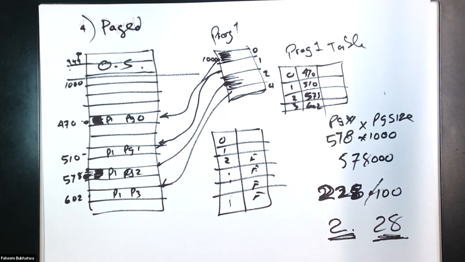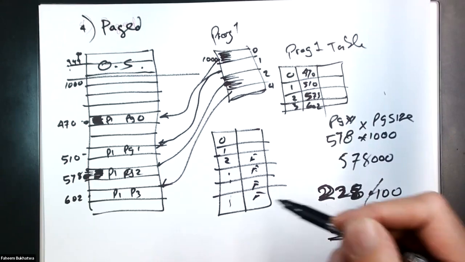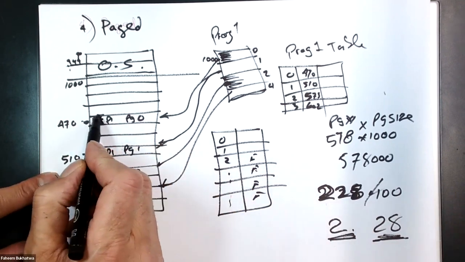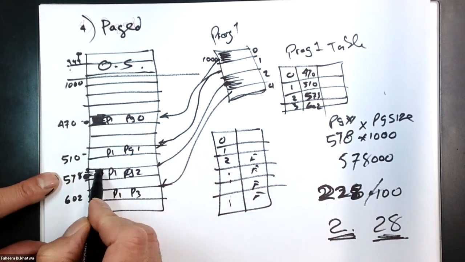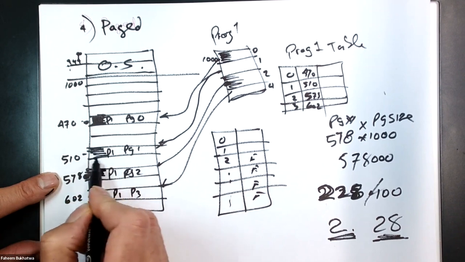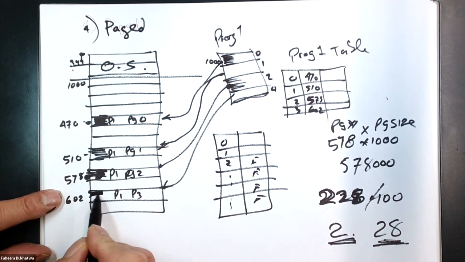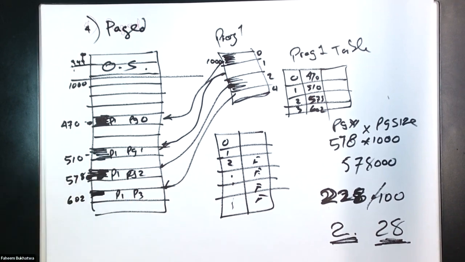Most of the time, the last page of every program is not full. And if it's not full, then that space that's left, we give this page to a program and it doesn't need it all. See, this page would be filled with code. This one, the page would be full. This one, the page before. But the last one only fills a part of the page. The rest of it is not filled.